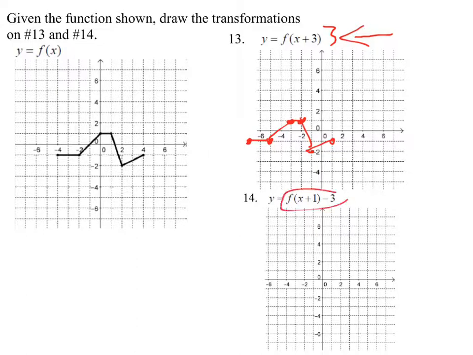This next one, remember what's inside the parentheses, you go the opposite direction. So plus 1 normally takes things right, but you're going to go left 1, and then the subtract 3, since it's outside parentheses, you're just going to do what it says, which is go down 3. So I'm going to go left 1, down 3.